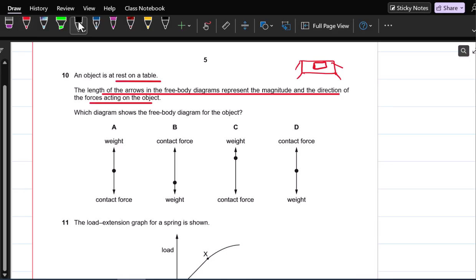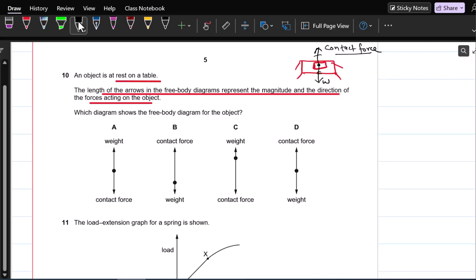When the object is on a table and it is at rest, two forces are acting on it. One is its weight acting on the table, and the other force is in the upward direction, that will be the normal contact force, the normal reaction force. So both are going to be of the same magnitude.